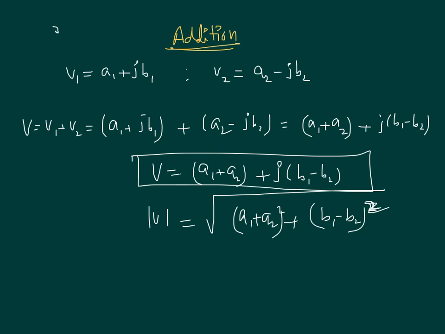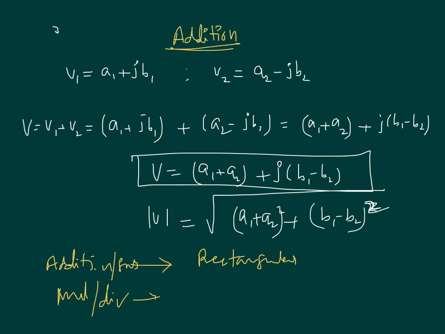But for addition and multiplication, see, there is a key. For addition and subtraction, rectangular form is very advantageous. For multiplication and division, it should be in polar form. Of course, we can do it in any form, but if it is in polar form, it is very advantageous for multiplication and division.